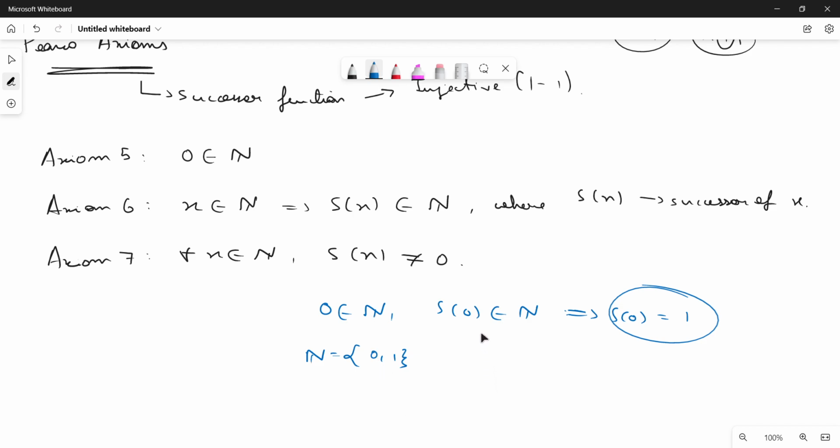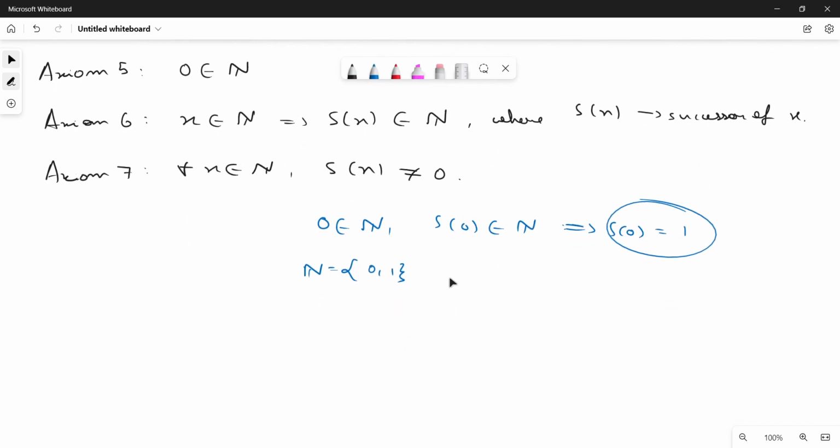Now, we have already said that the Peano axioms construct the natural numbers, so they must be obeyed by every natural number possible. That means 0 and 1 both must obey the Peano axiom. That means 0 and 1 both must have an image under the successor function.